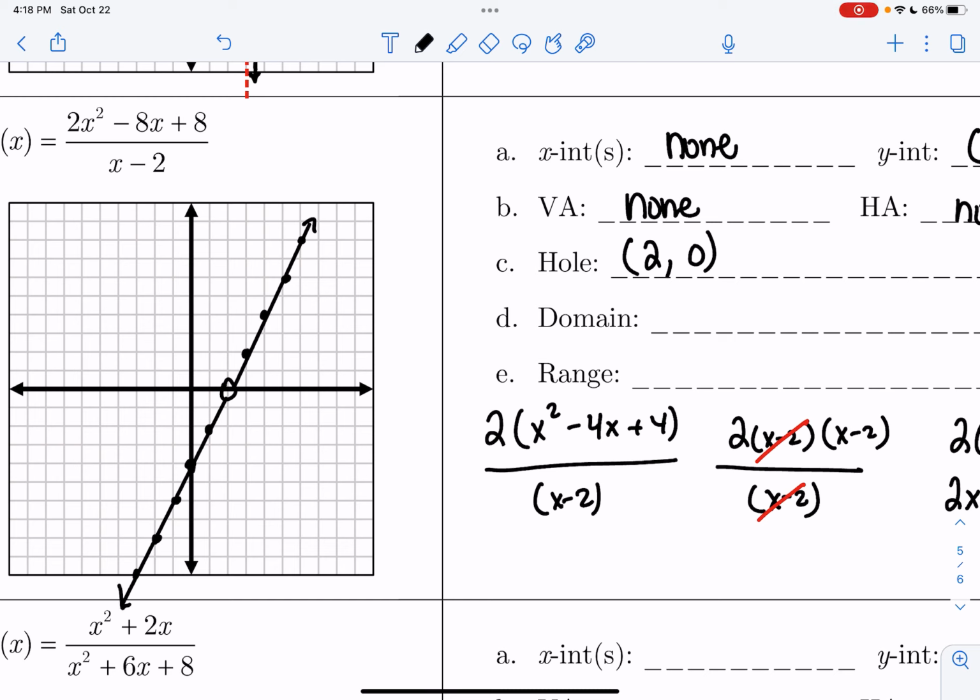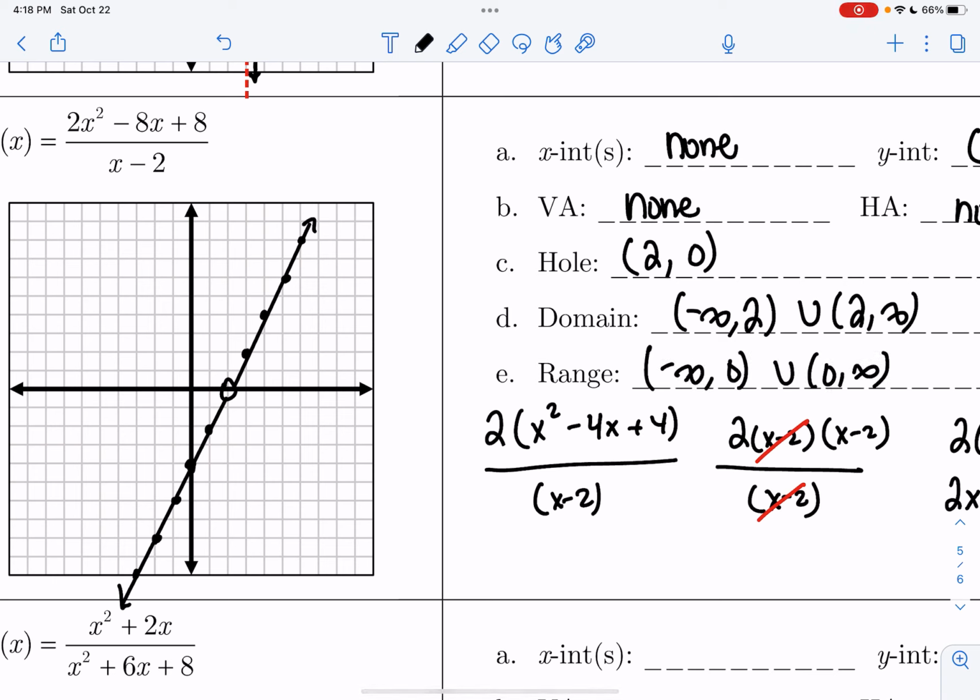Your domain is going to be from -∞ to 2, union 2 to infinity because I don't include 2. Your range would be from -∞ to 0, union 0 to infinity because my y value has a break at 0.